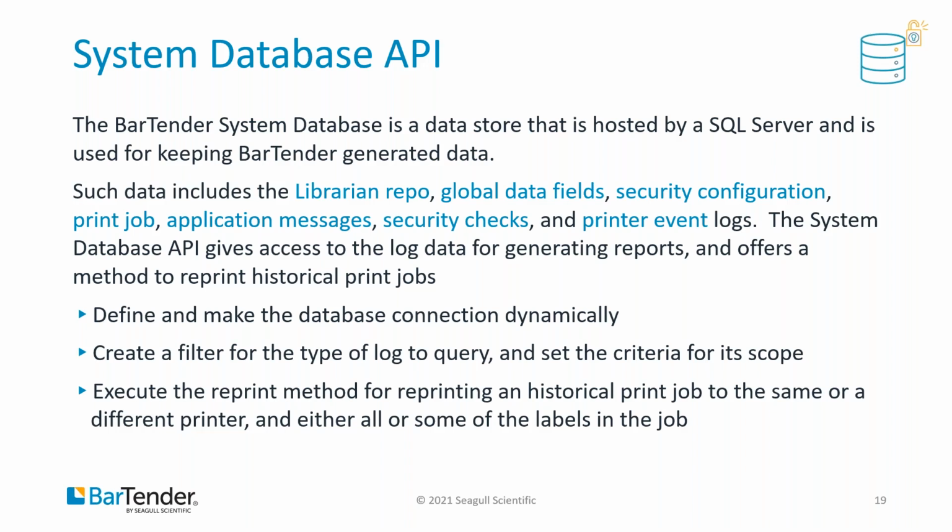So as part of the API, you can make your connection to the particular system database instance that you wish to use. You can create a filter that allows you to define various parameters on the query that you wish to make, such as the date and time, the user, particular data that you wish to search on, various criteria that you can specify as part of your filter or query.